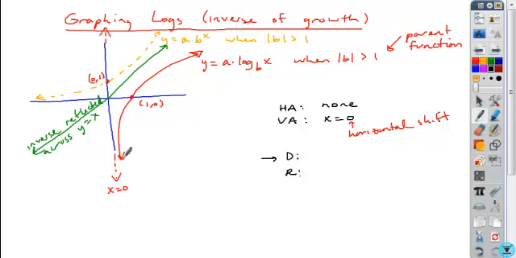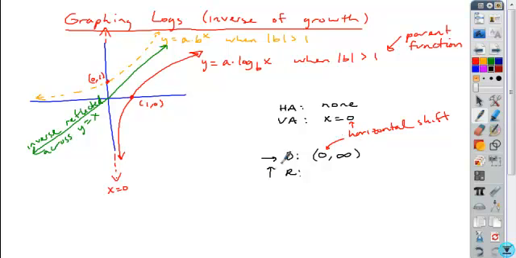The furthest to the left point extends all the way to, but not past, our vertical asymptote. So it goes from 0 and it extends to infinity. It doesn't actually reach that value of 0. So whatever the horizontal shift is going to be, that's the limiting factor to your domain.